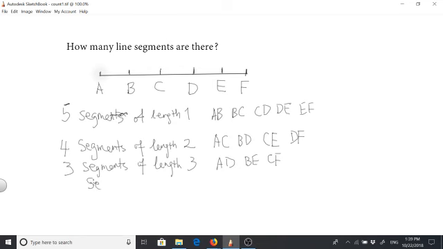And the next one, for length 4, the pattern says we have 2 segments. Even without writing them down, you should know there are two, from A to E and from B to F. And finally, there will be one single segment from A to F. Last one.